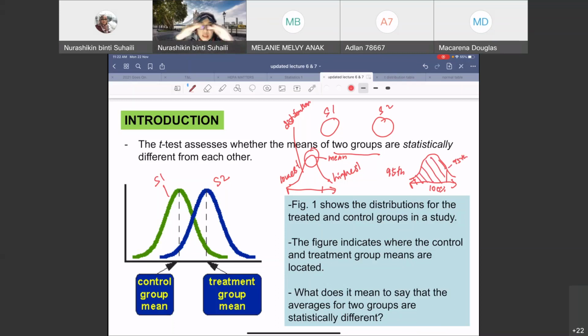If you see the whole data, it should cover from the left to the right. Although if you refer to the standard normal distribution or the Z table, the Z table only gives you the right side to calculate because it assumes symmetry. So once you know one side, you can apply it to the other side.